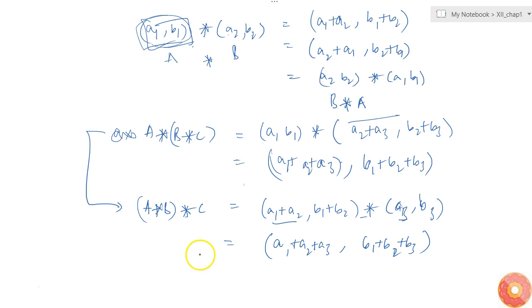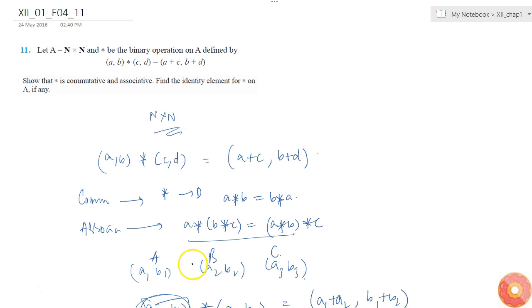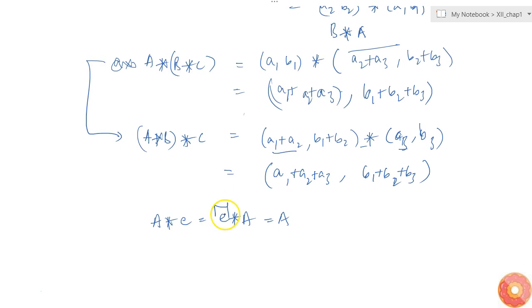In the later part of the question, we are asked to find out if there is any identity. We are supposed to find that identity element. Identity means that if a star e is equal to e star a, which is again equal to a, then that element e is said to be the identity for that operation.